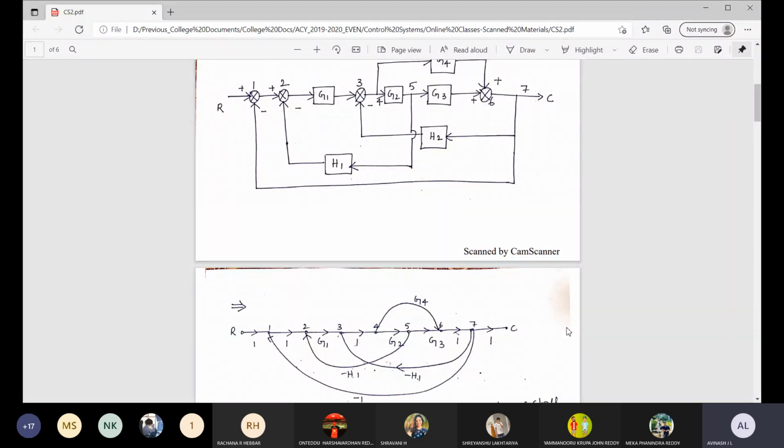That particular number of nodes should be present. So have you marked the nodes 1, 2, 3, 4, 5, 6, 7 on the straight line?